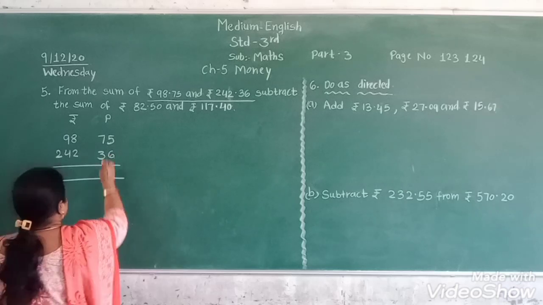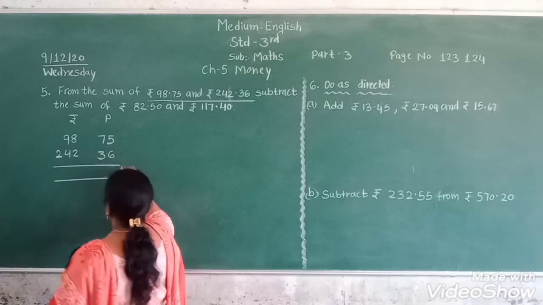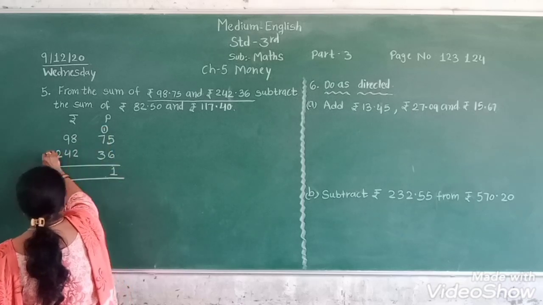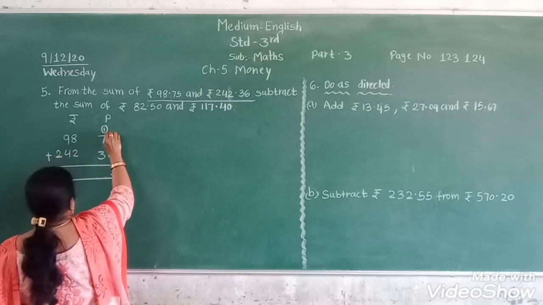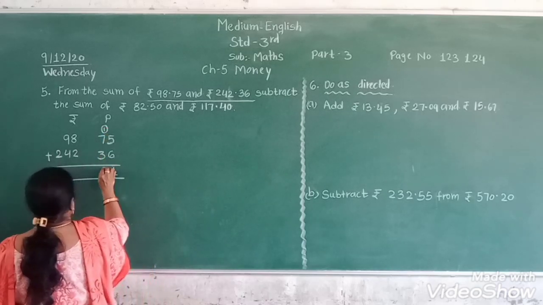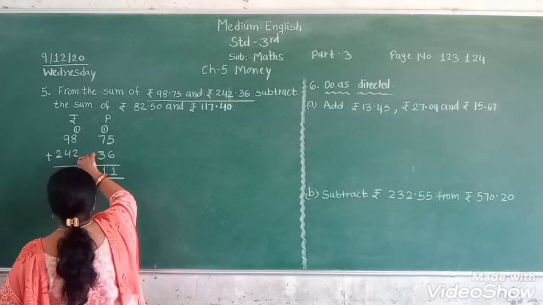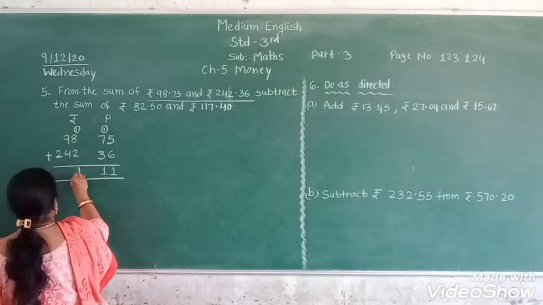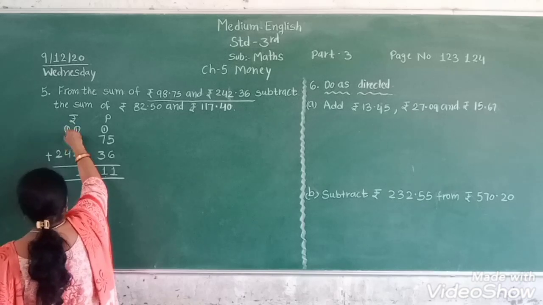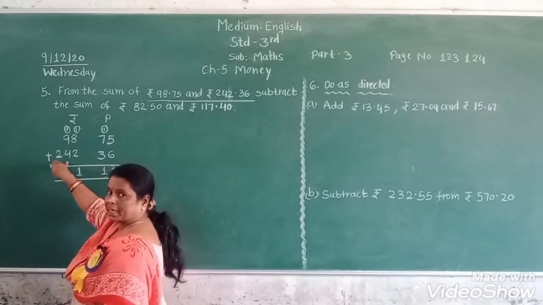Now first 5 and 6, 11, 1 right here, 1 carry over, and 7 and 3, 10. 10 and 1, 11. 1 carry over, 8 into 10, 10 and 1, 11. 1 carry over, 9 and 1, 10. 10 and 4, 14.